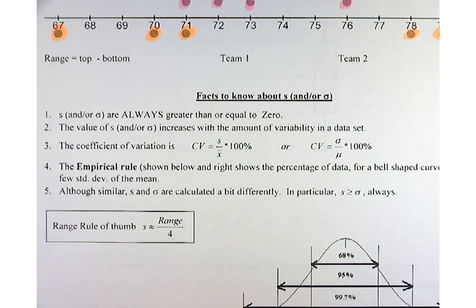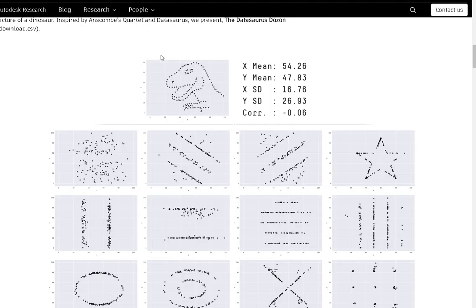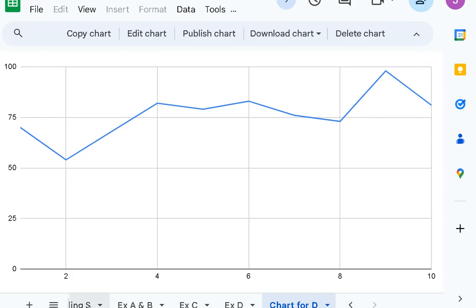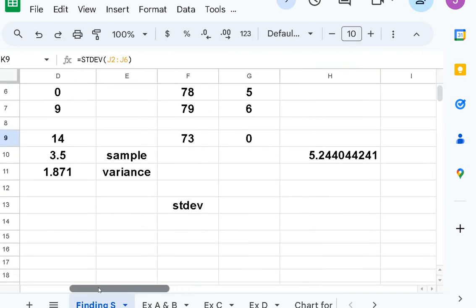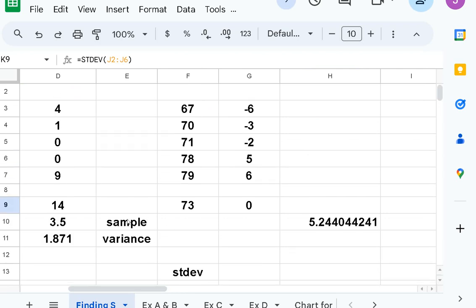So let's look back at our first data set. That's this one over here, and we can calculate the coefficient of variation for both of these data sets. So we had these two standard deviations. Let me get rid of that. I'm just going to move you down one.